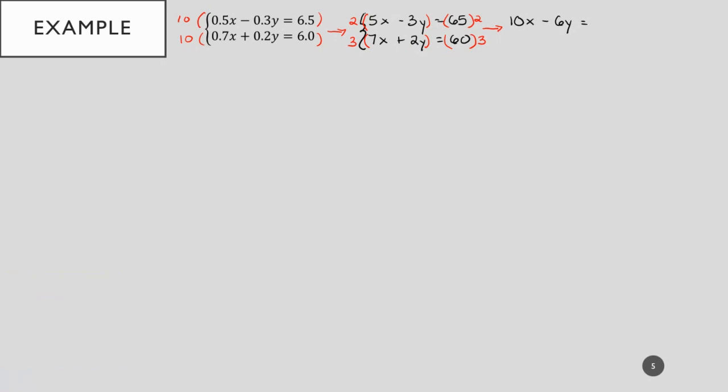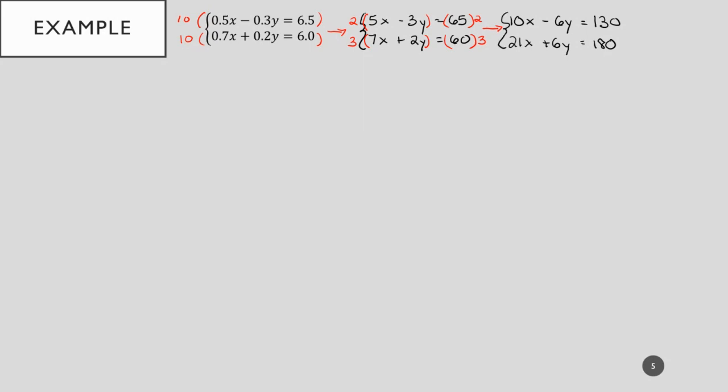So 65 by 2 gives me 130, so I'm going to have that equal to 130. And then in the second equation, I get 3 times 7, so that's 21x. Then I get plus 6y. And then 60 times 3 will give me 180.